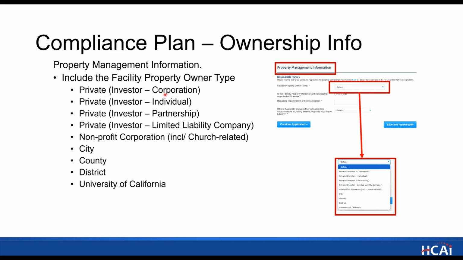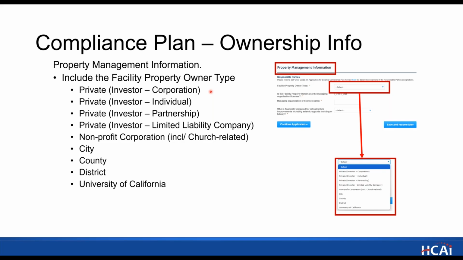So if we step back and talk about the intent of this question, a hospital can be owned and operated by the same entity, or it might be owned by an entity but operated by a different entity.